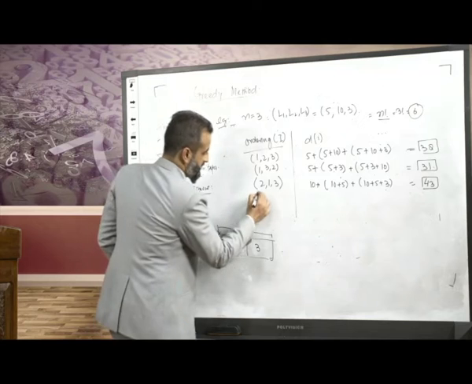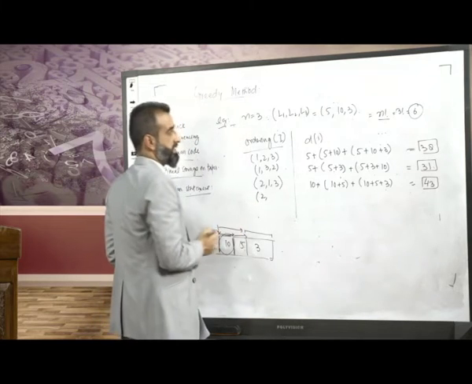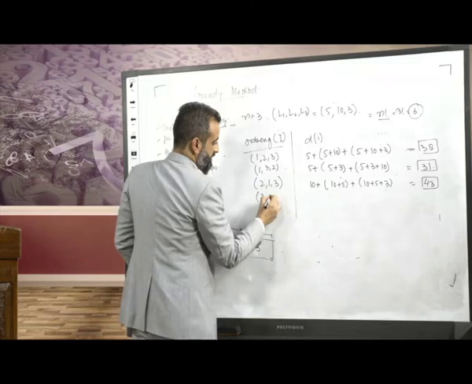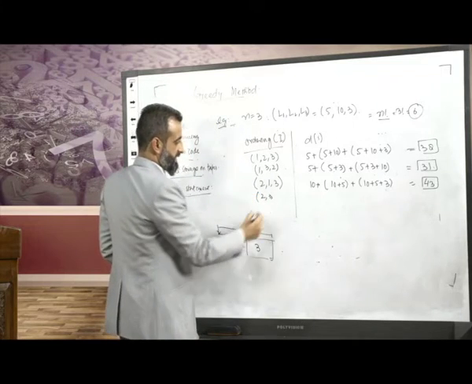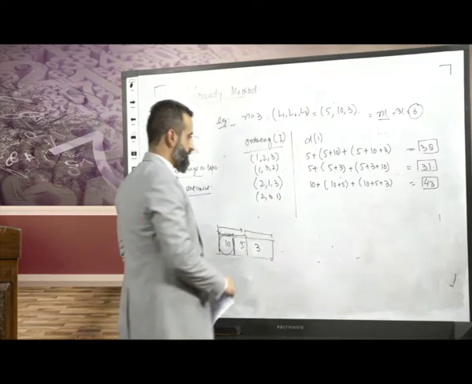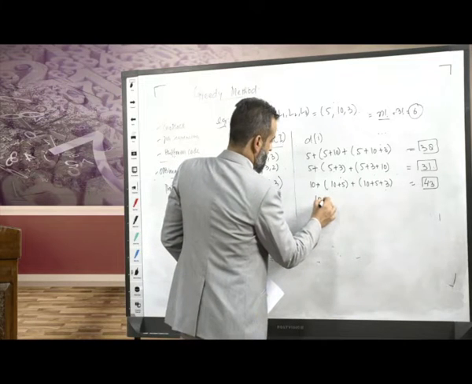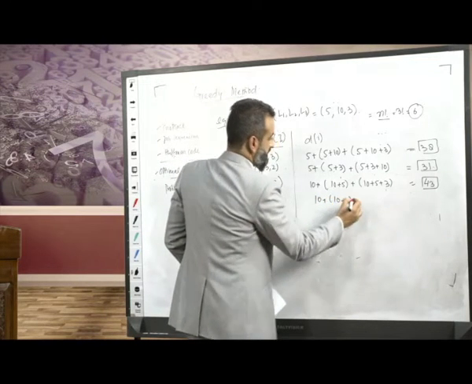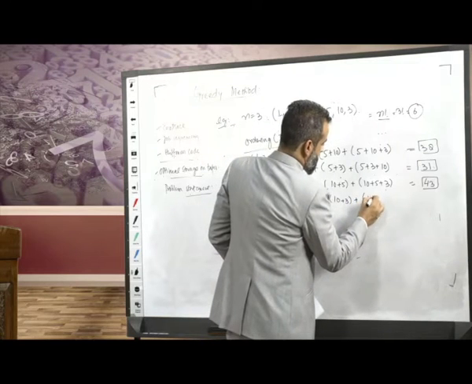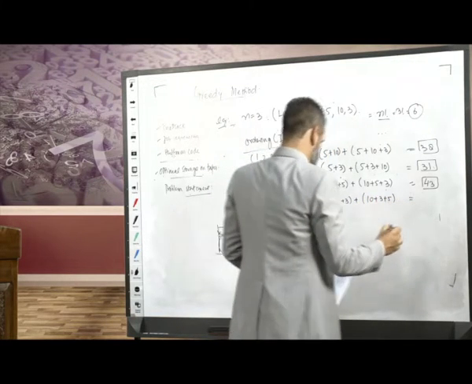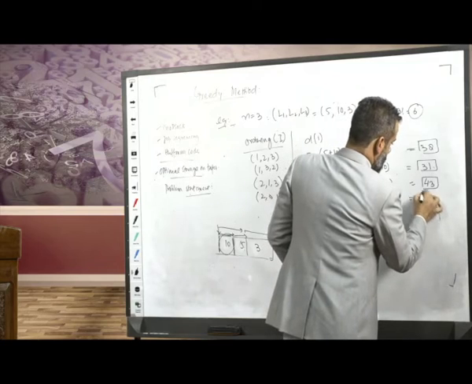If I change the permutation here, I start with the largest program, then store the last program immediately followed by this, and then the first program. So this is another possible permutation. That can be 10, in this case 10 plus 3, and in this case 10 plus 3 plus 5, which is a total sum of 41.